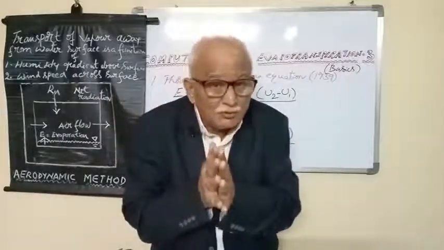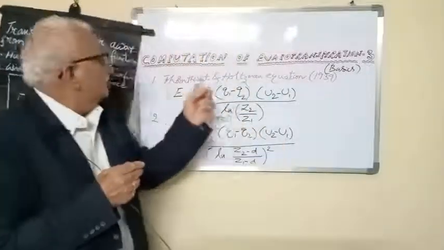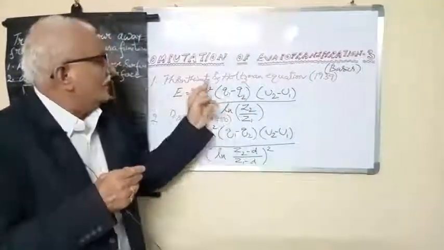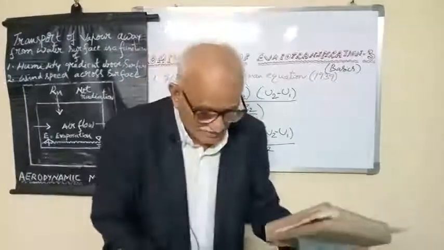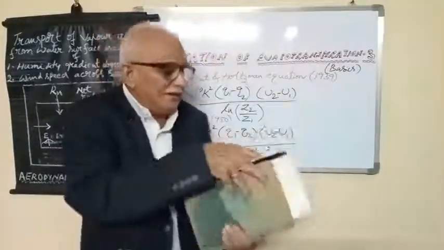Why should we do this? Because now I come to this equation, the first equation using aerodynamics: the Thornthwaite-Holzman equation, 1939. As I said, I always use Climate and Agriculture by Jen Hucha, which he dedicated to his father.